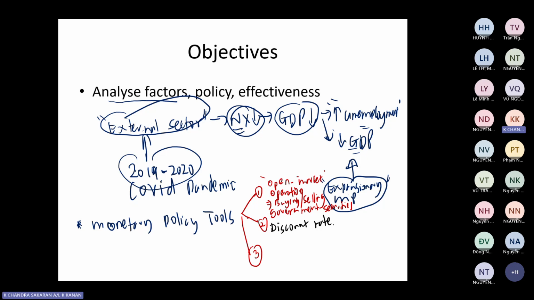So is there any change to the discount rate? The third tool will be the reserve requirement ratio. How many percent of the deposit must be kept as reserve by all the commercial banks? So these three tools can make changes to the money supply.